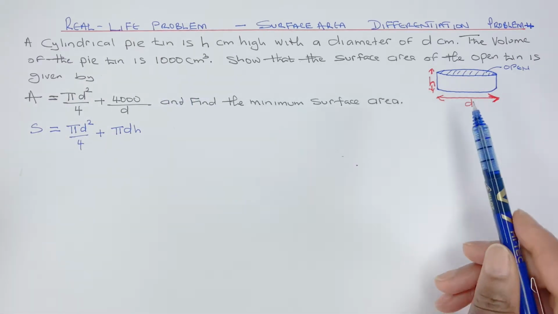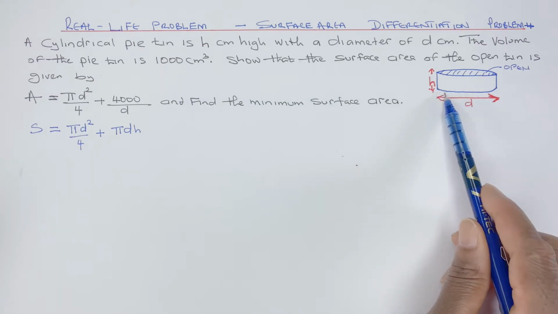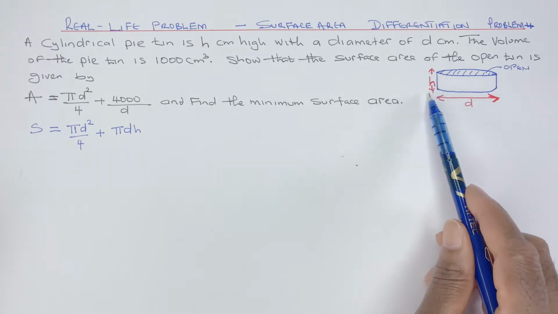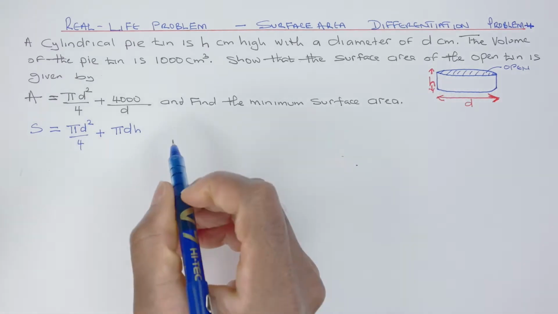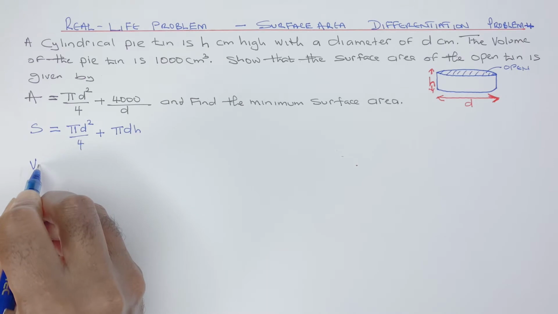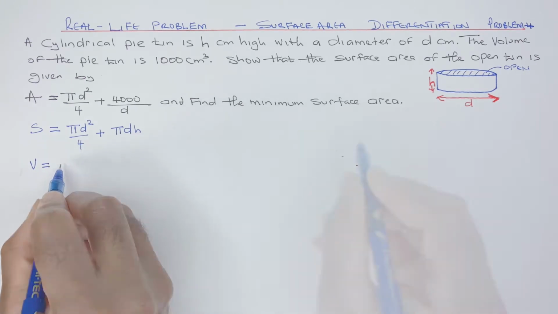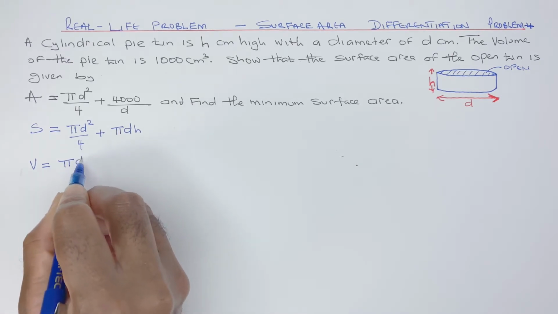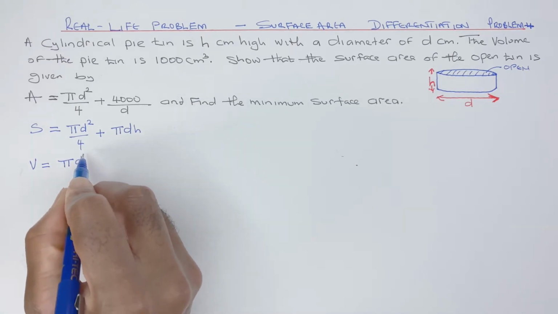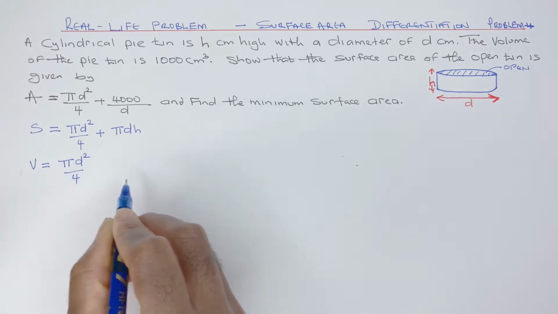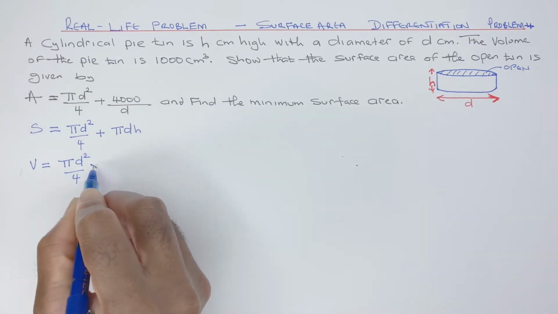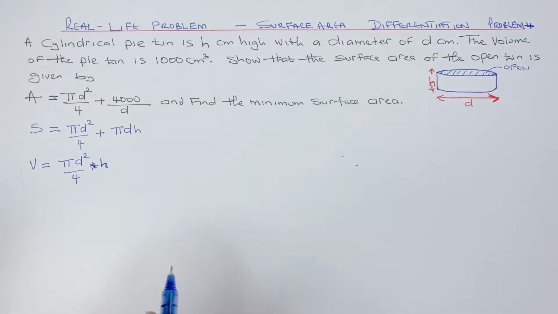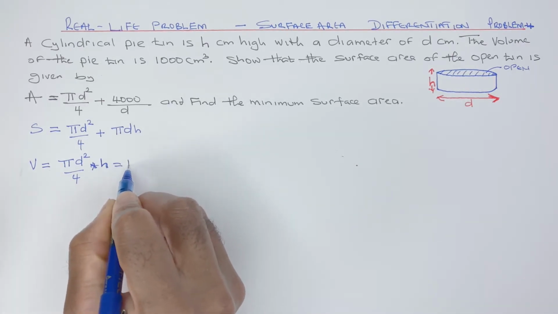The volume is going to be the area of the base times the height. That's how you work out the volume. So volume V equals pi d squared over 4, that's the base area, times h. That's the volume, and that equals 1000.